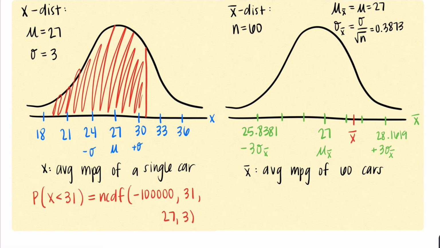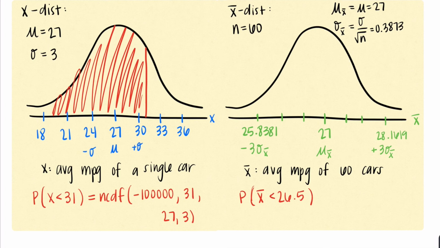If I want to find the probability that the sample mean of 60 cars is less than 26.5 miles per gallon, then my probability notation, rather than having x, is the probability that x bar is less than 26.5.